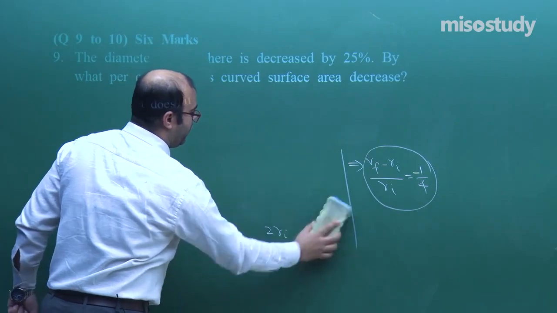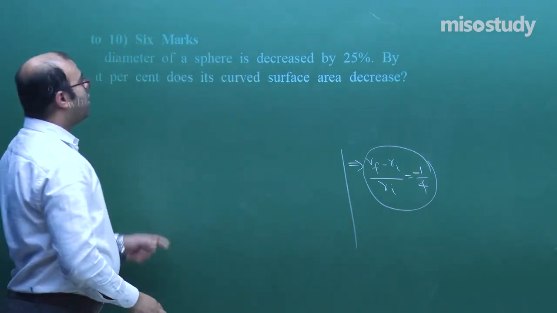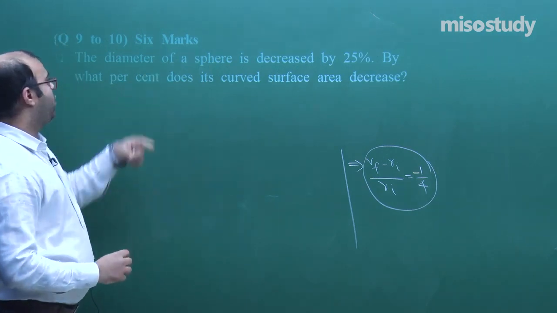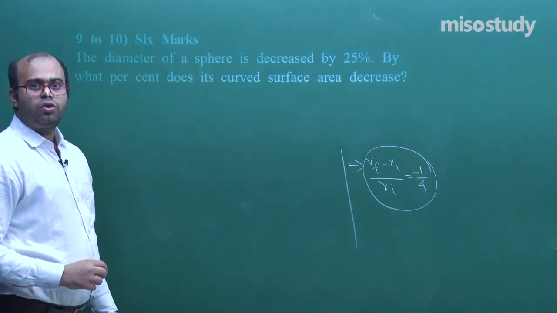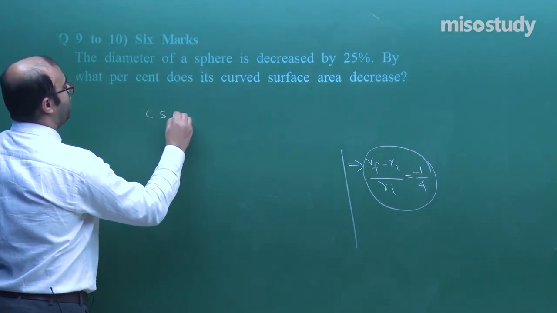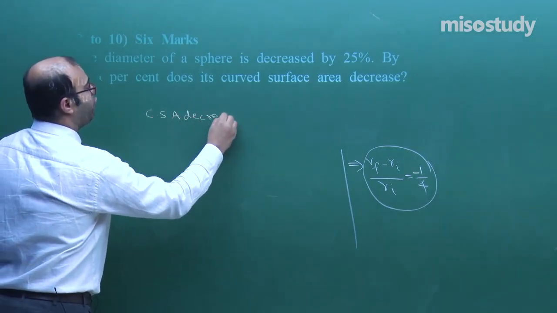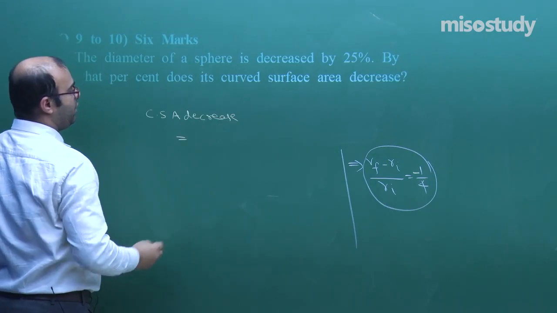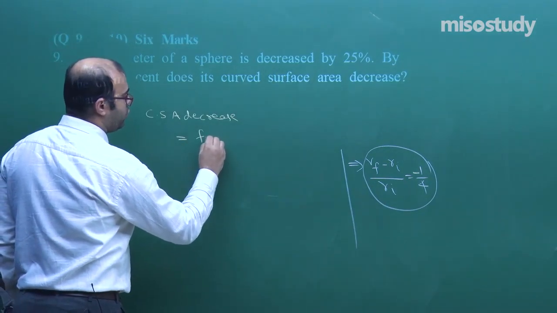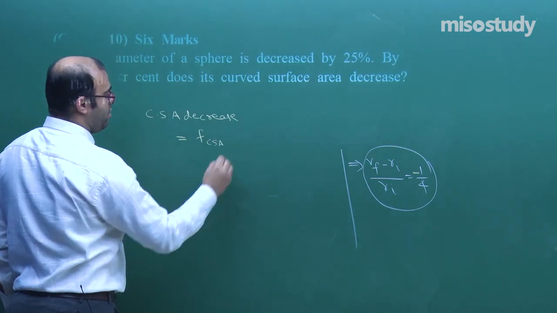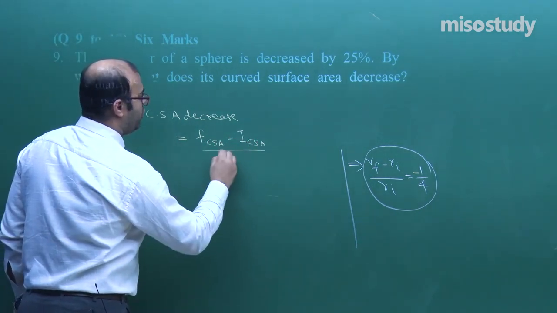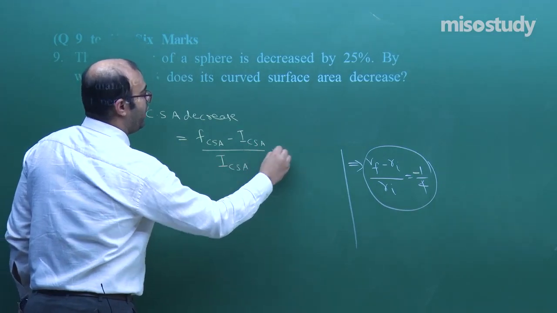Now let us see what is the decrease in its curved surface area. So this is a sphere and its curved surface area is going to be 4 pi r square. So curved surface area decrease in percent we have to find. So what we will say, that the final curved surface area, let us call it FCSA, minus initial curved surface area upon initial curved surface area into 100%.